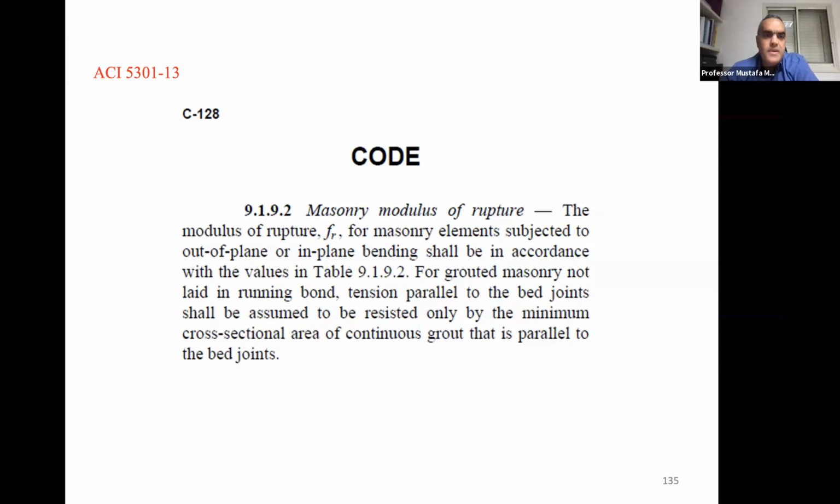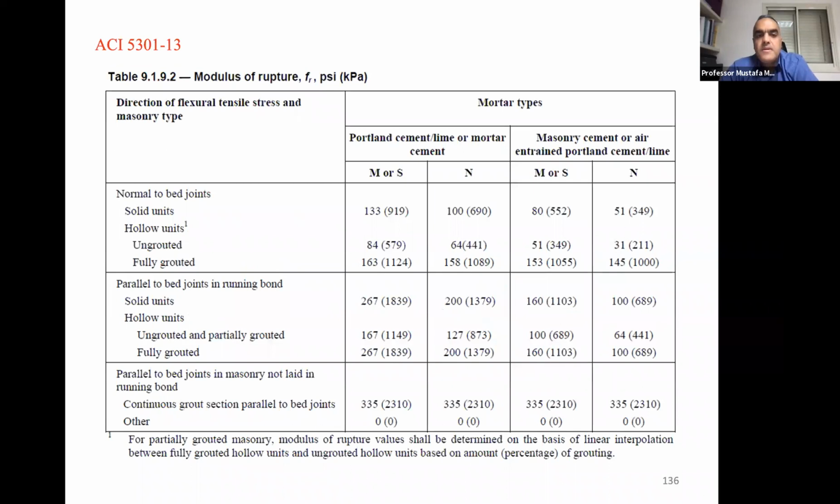Then we have modulus of rupture, which is actually the tensile capacity of the masonry. In the case of unreinforced masonry designed according to strength design, we use F sub R, the modulus of rupture. You can see the values here are much higher than the values we saw in chapter 8 for allowable stress design.